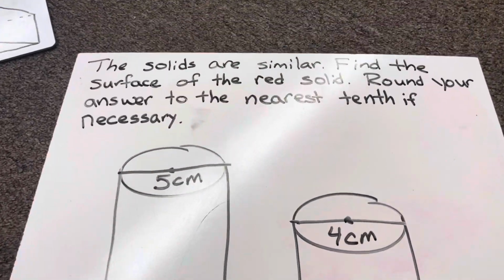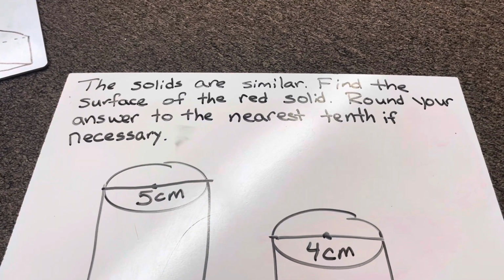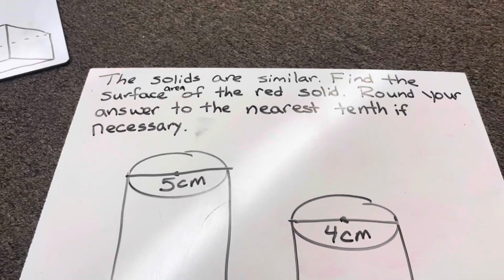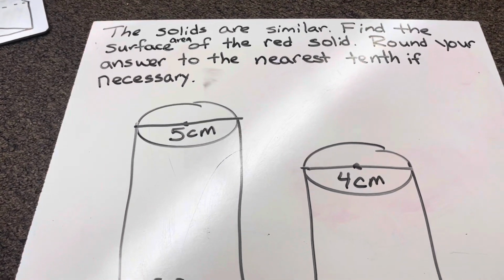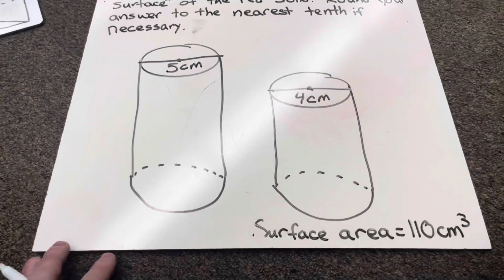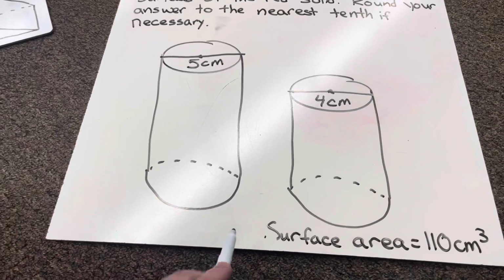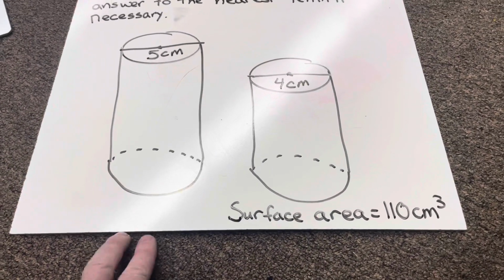The solids are similar. Find the surface area of the red solid. Round your answer to the nearest tenth if necessary. So your assignment is going to have, this figure would be red. I'm just indicating it because it doesn't give the surface area.